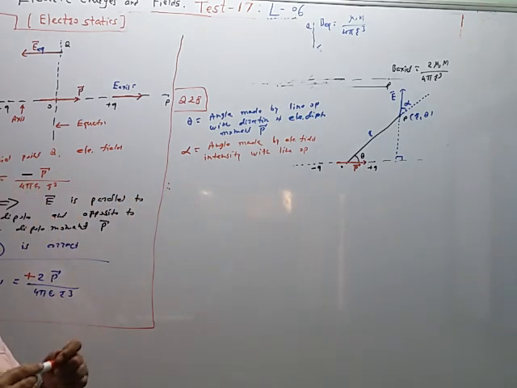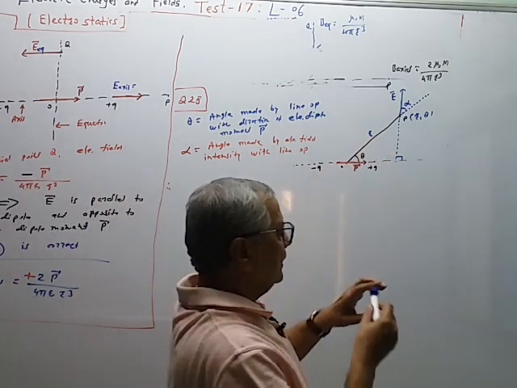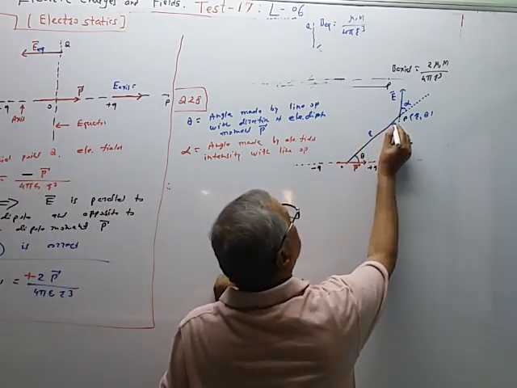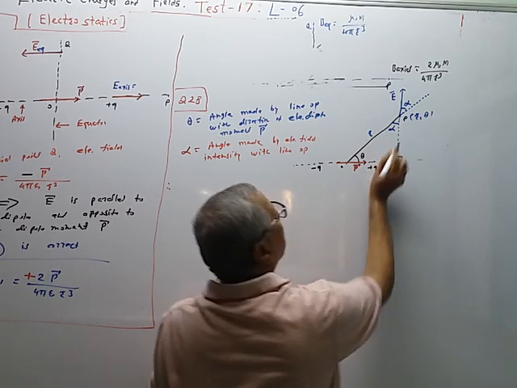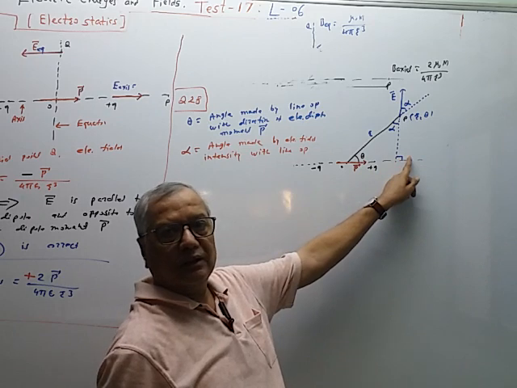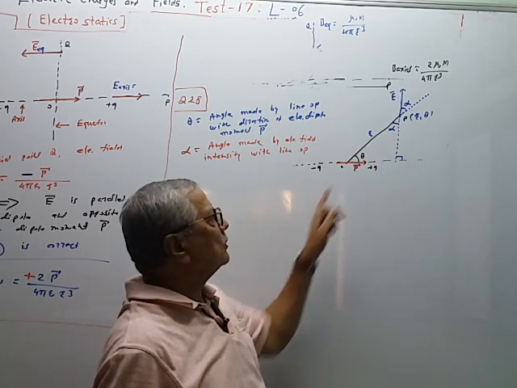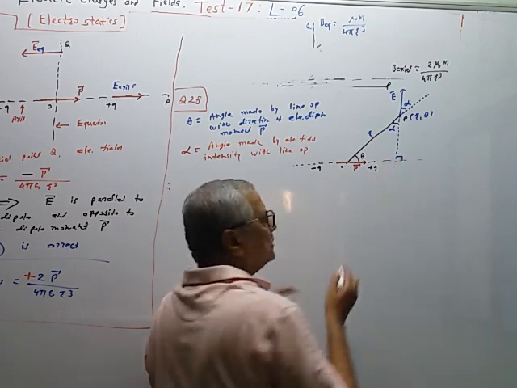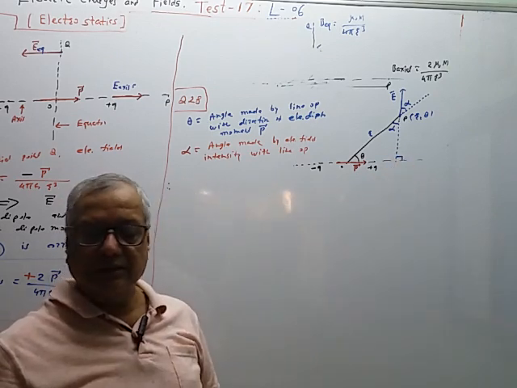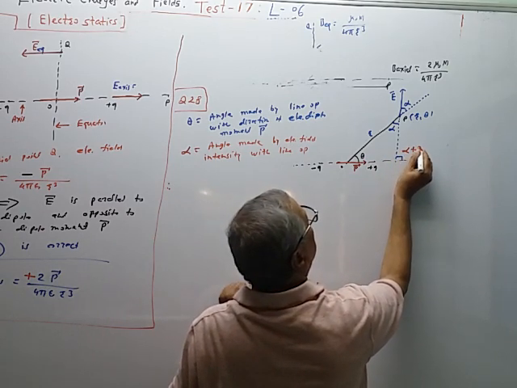Now, if we consider this triangle, then if this is alpha, then this is also alpha because they are vertically opposite angles. So alpha plus theta is equal to this total angle. The exterior angle of a triangle is equal to sum of the two interior angles. So this is alpha plus theta, and it is 90 degrees.